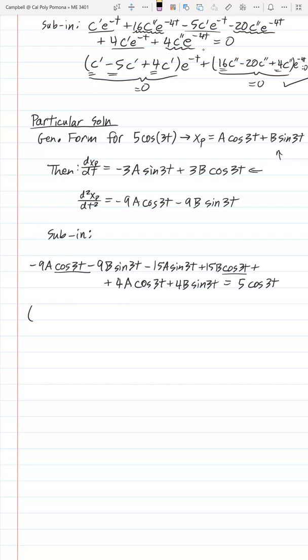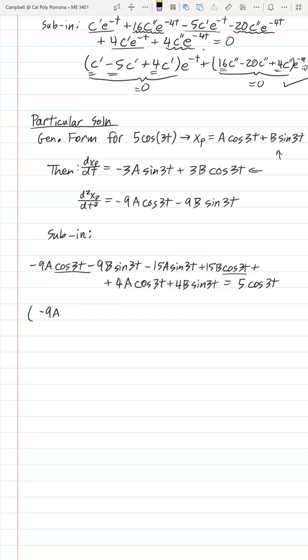I am using slightly different terminology so that our conceptual understanding of what's going on behind these functions is a little bit clearer between the particular solution and the homogeneous solution.